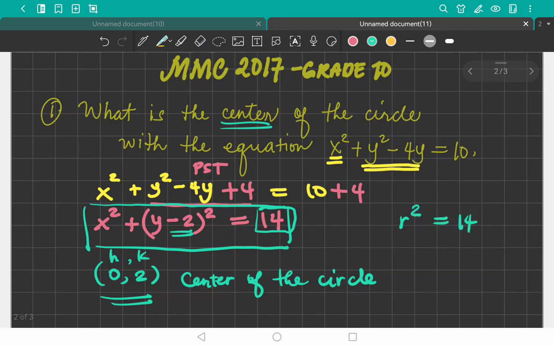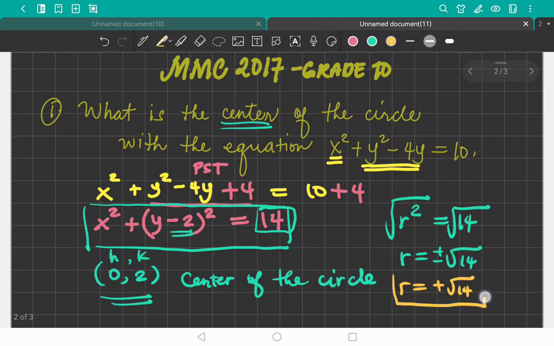If we're looking for the radius, just take the root. So now we have r is equal to plus or minus square root of 14. But since we're dealing with distance, radius is always positive. So therefore, our radius will be positive square root of 14. So this is our radius.